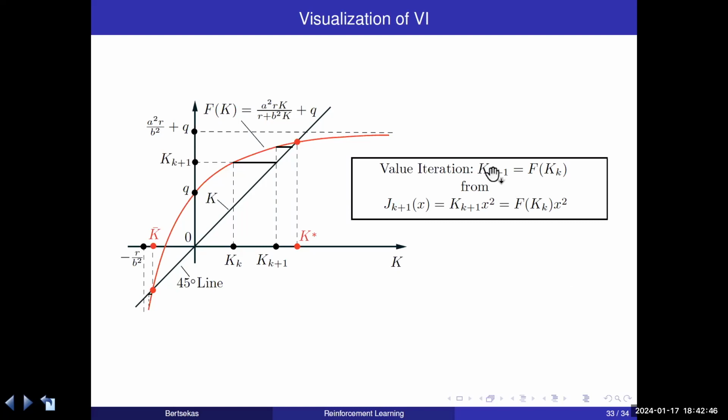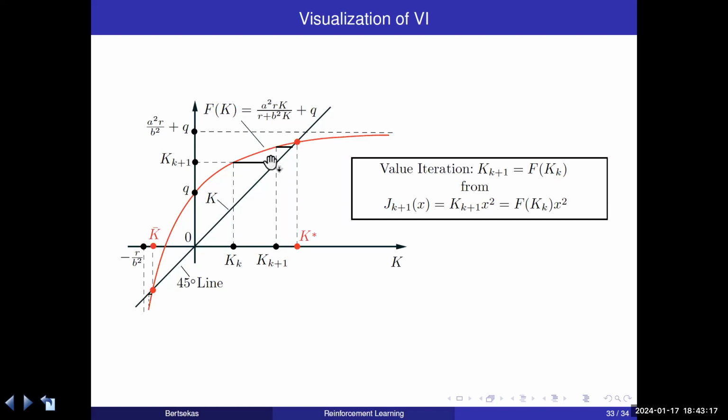Now let's plot this value iteration on this figure. The f function is this red function here. The typical iterate starts at k and calculates k+1. And here is k+1. It's obtained at the point where this vertical crosses the graph of f. Now, this k+1 plotted down to the k-axis is given here.